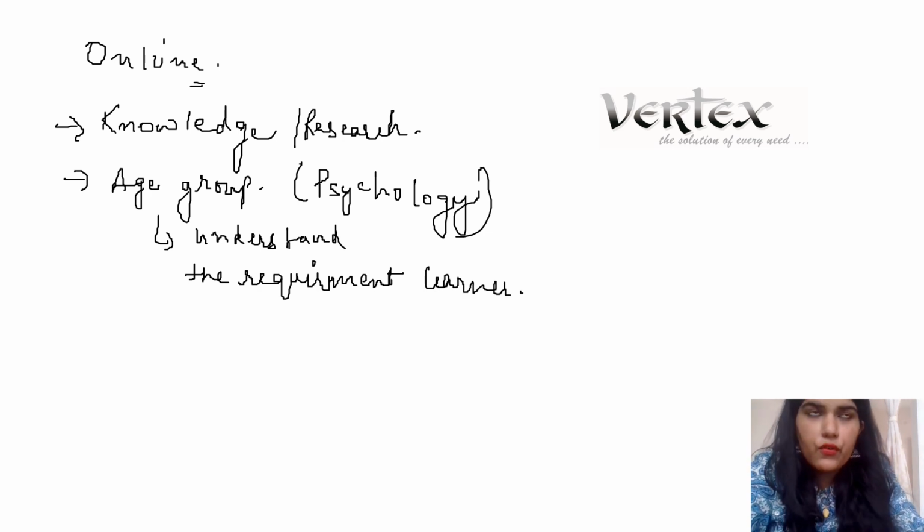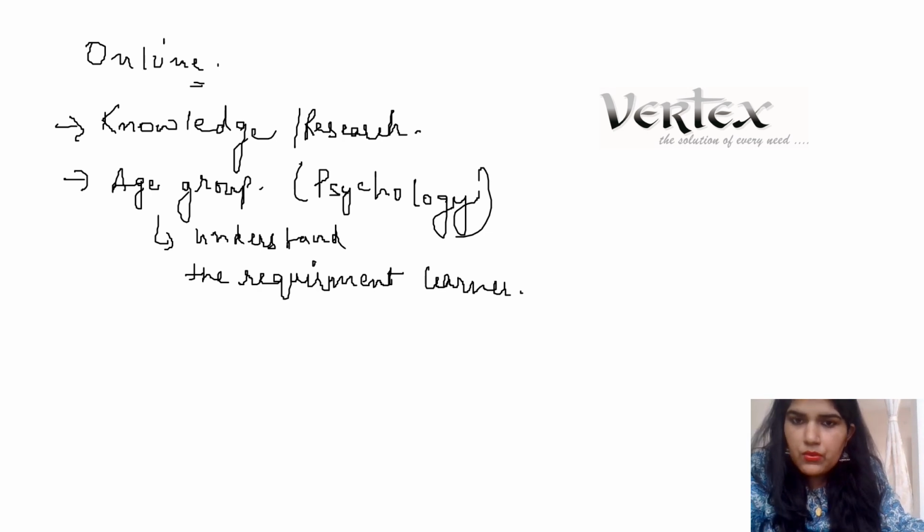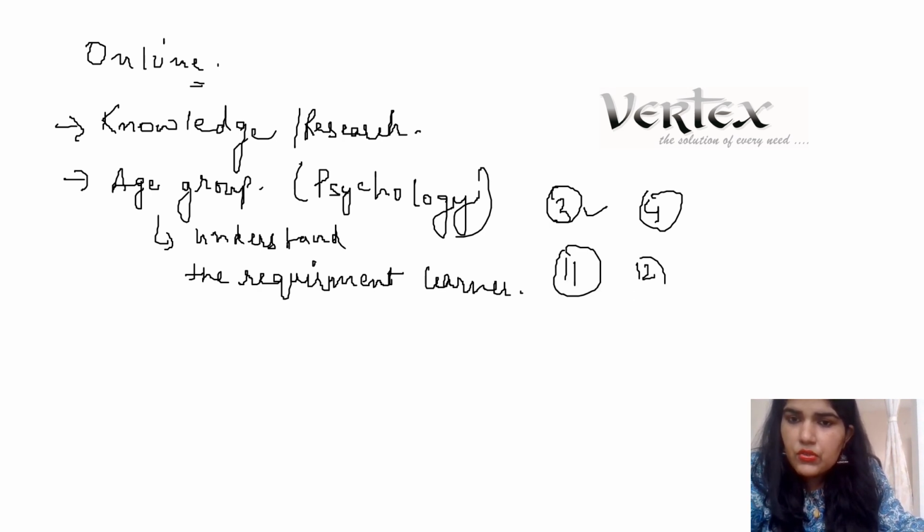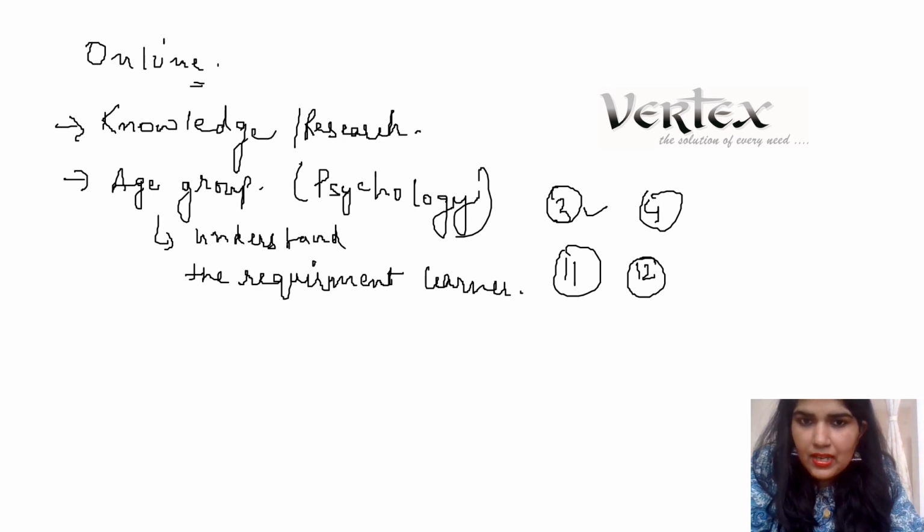For instance, the requirement and need of a grade 3 or grade 4 student is very different from the requirement of a grade 11 or grade 12 student, or higher education students, MBA, MCA, MSc, etc. Right? So what is the difference? Age is the difference, understanding level is the difference, operations level is different.